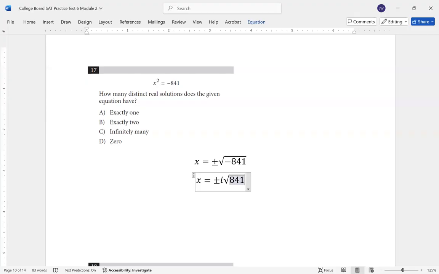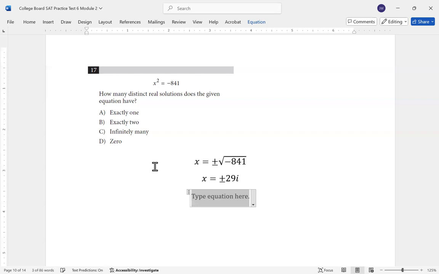Square root of 841 is 29. So we get i times 29, or 29 times i, as the positive answer, and then negative 29i as the negative version. So x is equal to 29 times i, or x is equal to negative 29 times i.